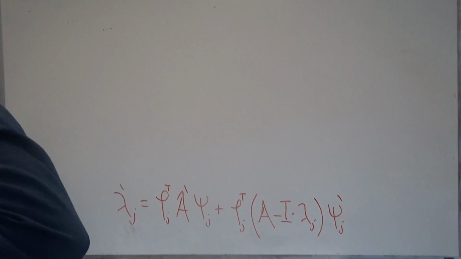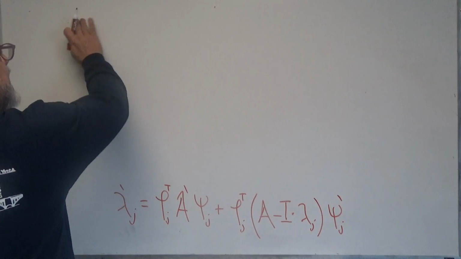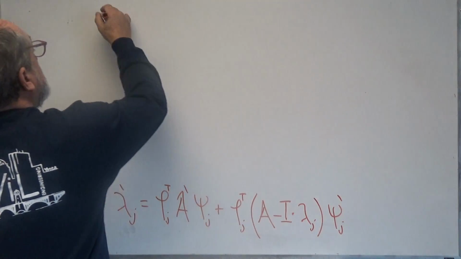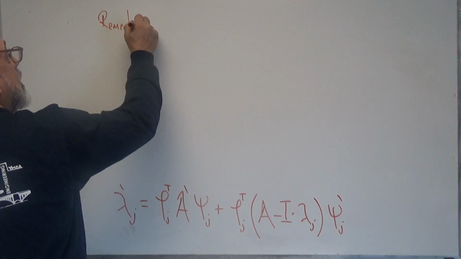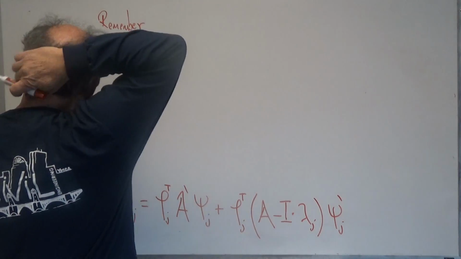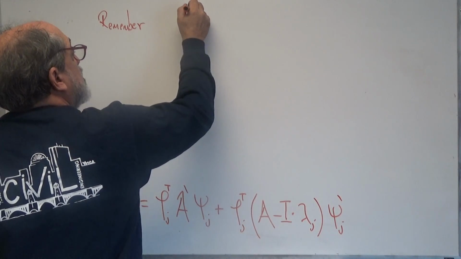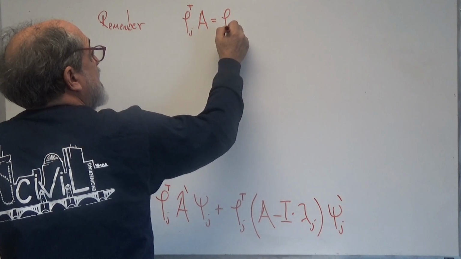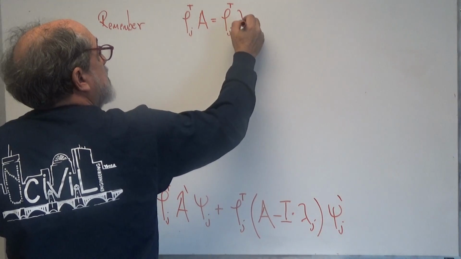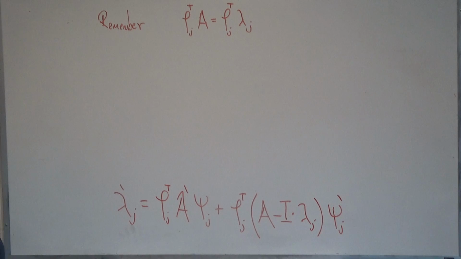Now what I want to show is the following. Remember, again, that the eigenvalue problem we had was phi j transpose times A is equal to Cj transpose times lambda j, right? That we proved, that we showed is the left side eigenvector eigenvalue problem.